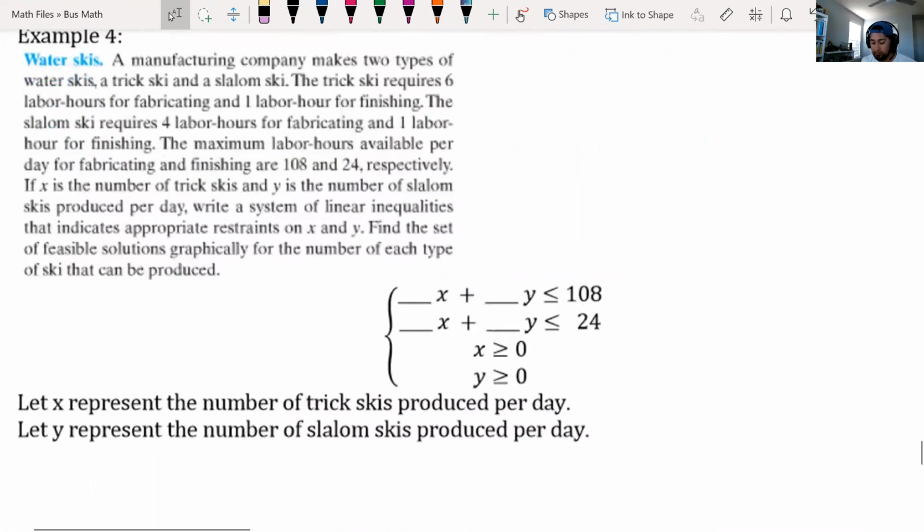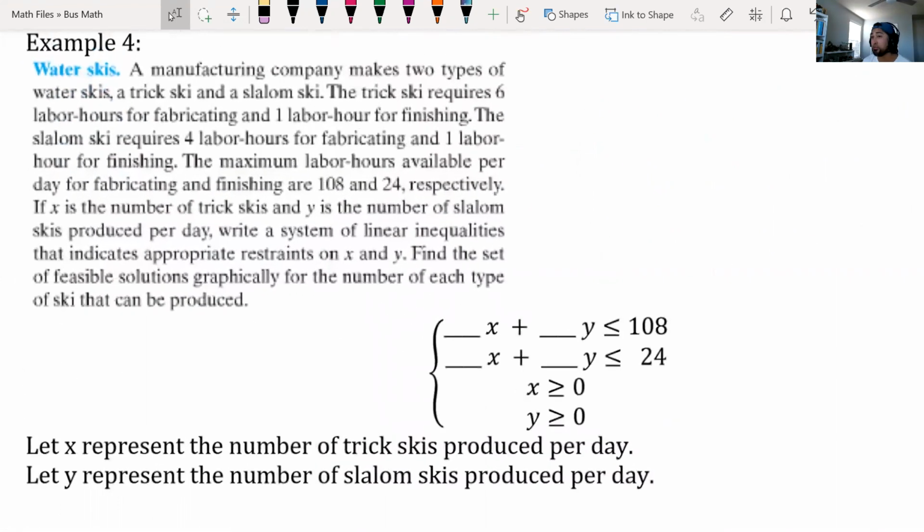So, another application problem. This is kind of hard to read, but it says a manufacturing company makes two types of water skis, a trick ski and a slalom ski. The trick ski requires 6 labor hours for fabricating and 1 labor hour for finishing. The slalom ski requires 4 labor hours for fabricating and 1 labor hour for finishing.